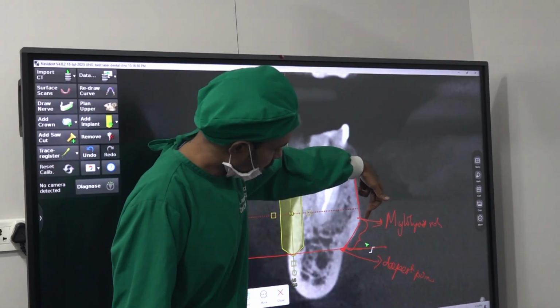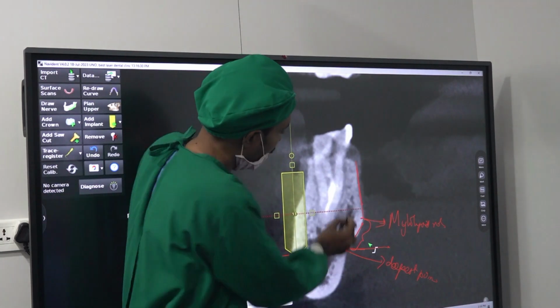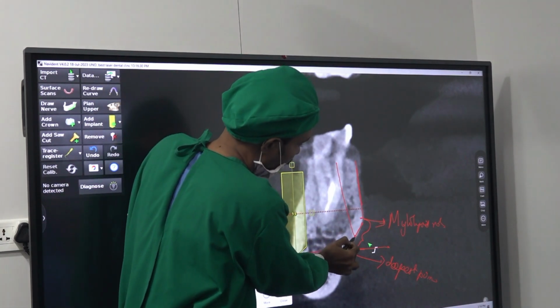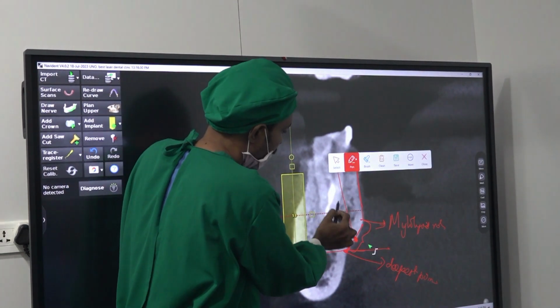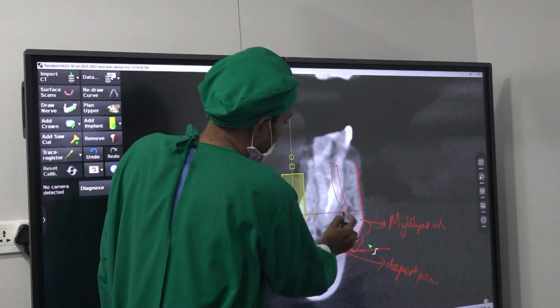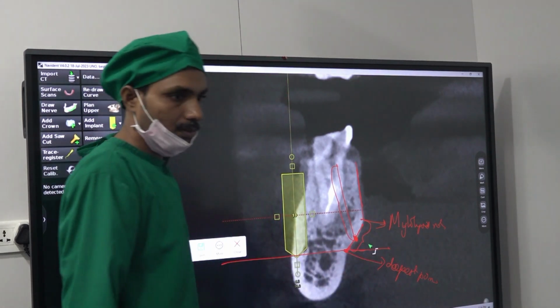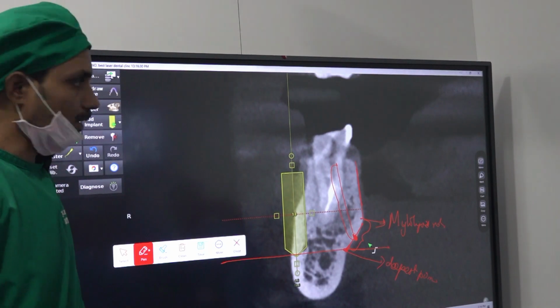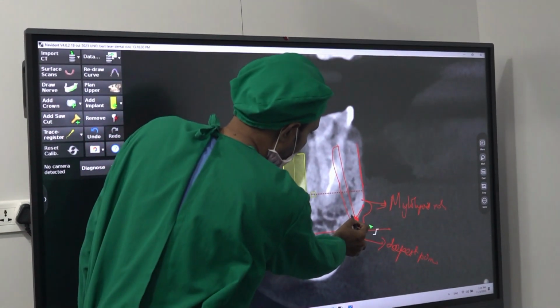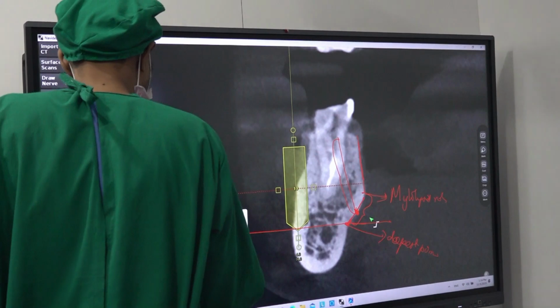So what you do is keep the finger here, do the drilling, and you will feel the drill tip here. Then place the implant. That's it. This is called lingual cortical engagement. This bone is extremely dense, right?